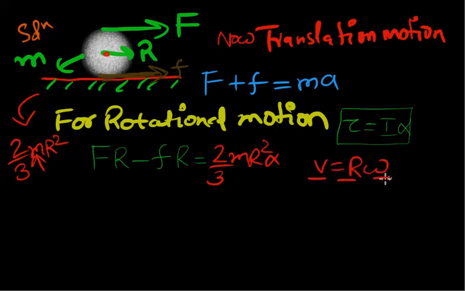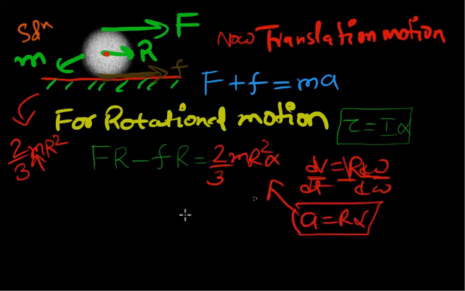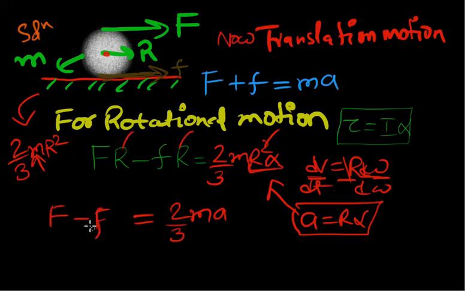If we differentiate it with time, R is constant, so dv by dt equals R times d omega by dt, that is, acceleration a equals R alpha. If we take R common, one R will cancel, and the remaining R alpha is a. So we get 2 by 3 m into a, and this is F minus small f.